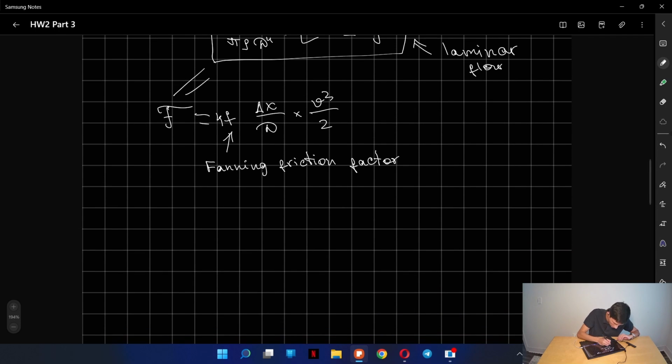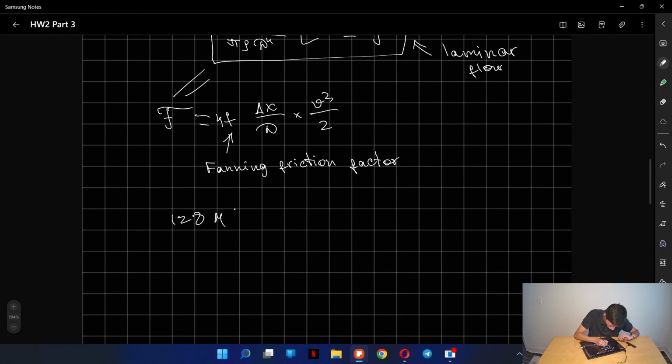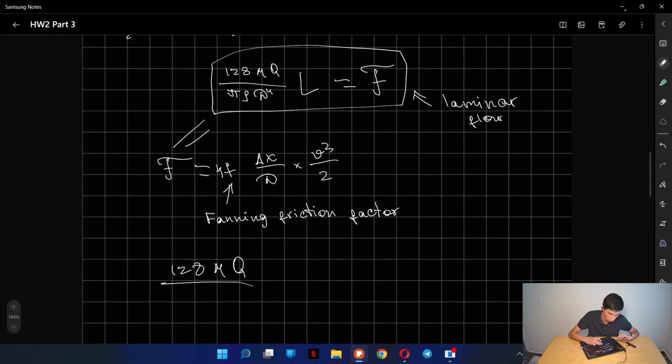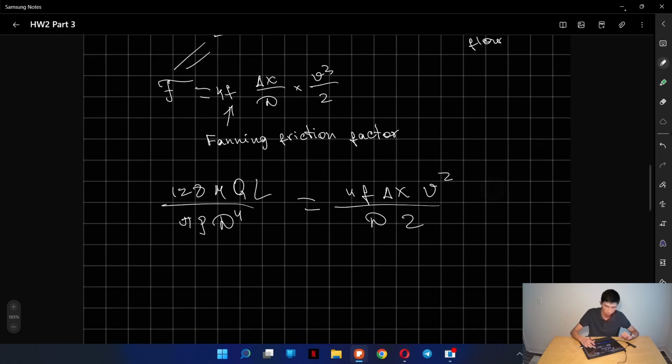So if I want to do that, I can set these two equal to each other, right? So I'm going to have 128 mu, the viscosity, times the flow rate times L over pi density times the diameter to the fourth, equal to 4f delta X V squared over D times 2, right?